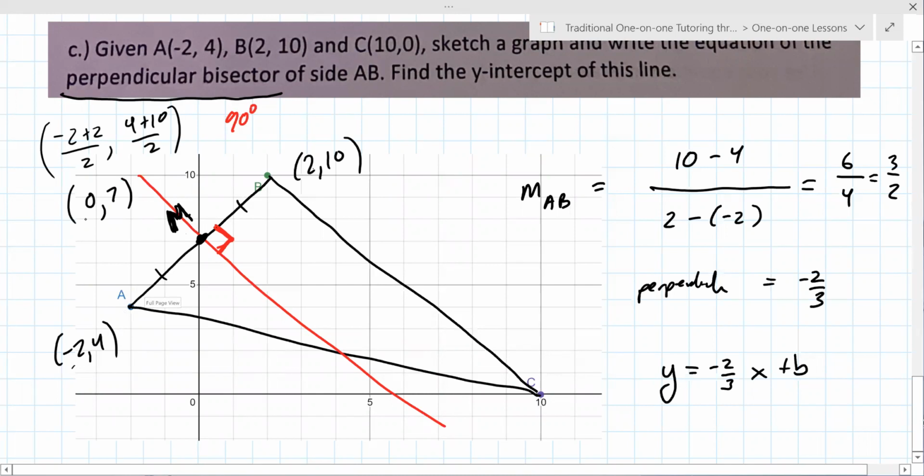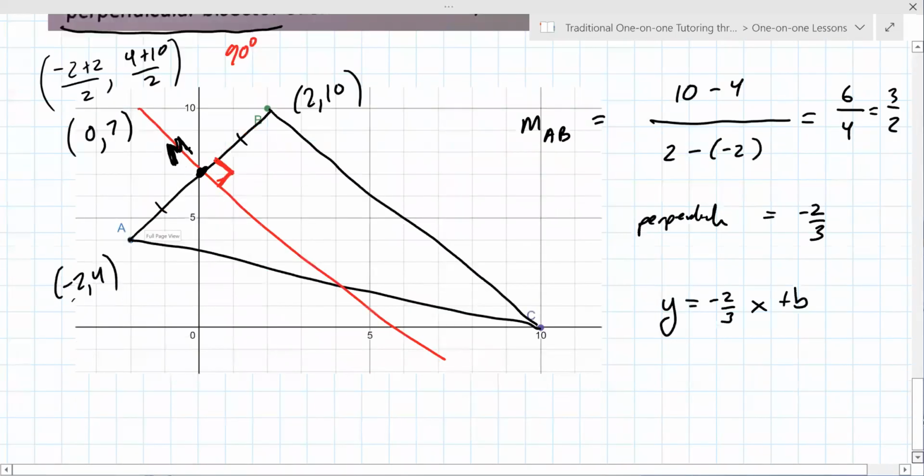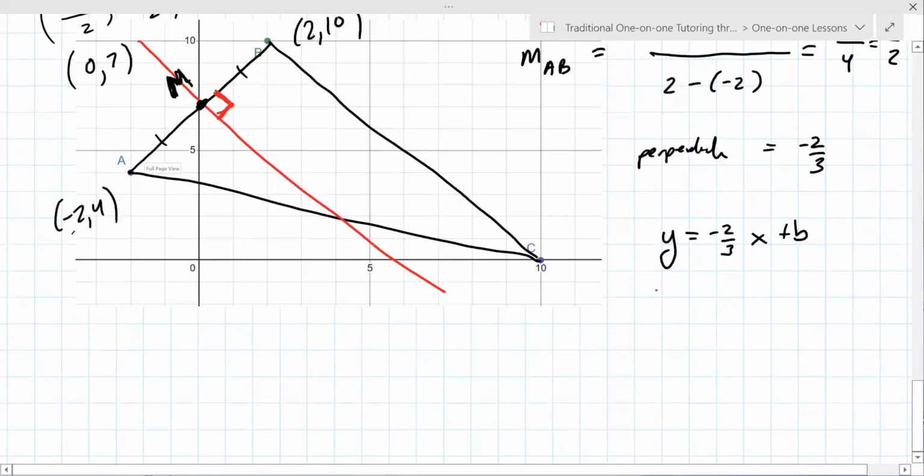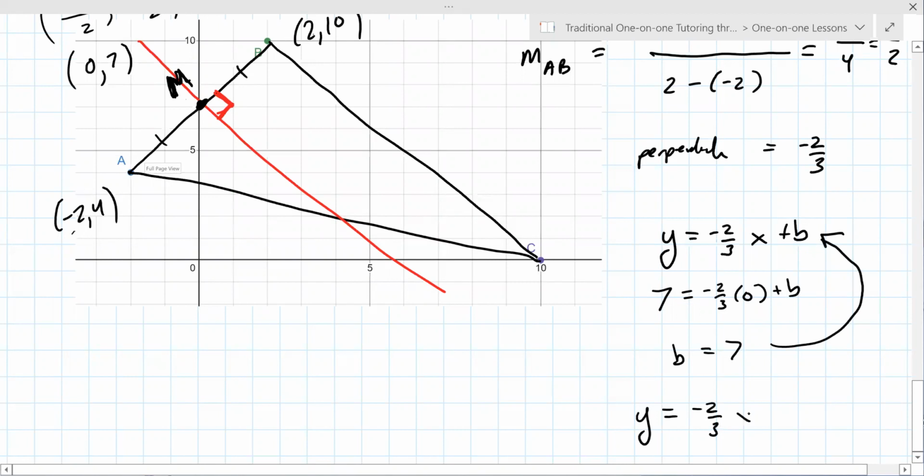Good. So then when we have 0 and 7, we put that into this. So 7 equals 0 plus b, and then b is 7. And then I put that back into that, which makes it y equals minus 2/3 x plus 7.